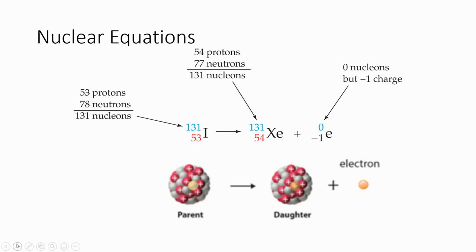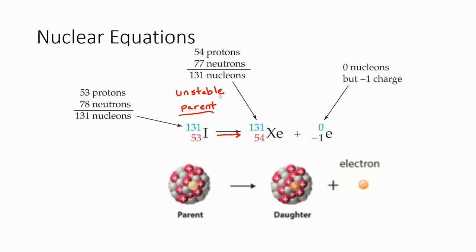On the left side of this arrow, in the middle of the nuclear equation, we have what's known as a parent isotope. And for radioactive decay, these parent isotopes are usually very unstable. There are a number of reasons that a nucleus might be unstable, and this is something we're going to discuss in detail in a later video.